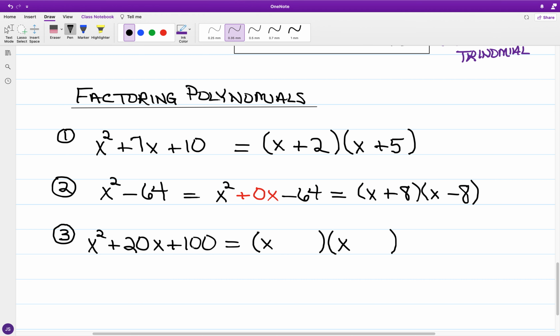And for 100, numbers that will multiply into 100 and simultaneously add up to 20 have to be the same. So you have x plus 10 and x plus 10. And since x plus 10 appears twice, for this particular square trinomial, writing the result in the condensed form, this will come out to be x plus 10 raised to the second.